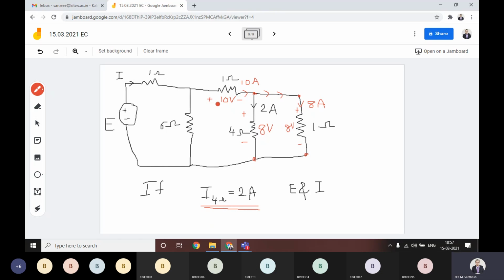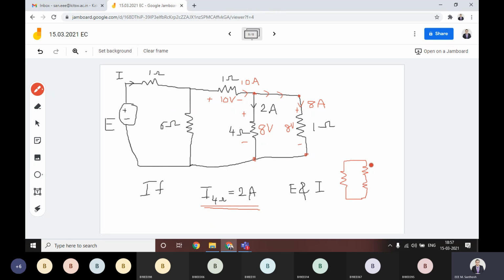Okay, then if you look at it like this, I'll redraw here. This is 6 ohm and it is connected to two resistors like this.